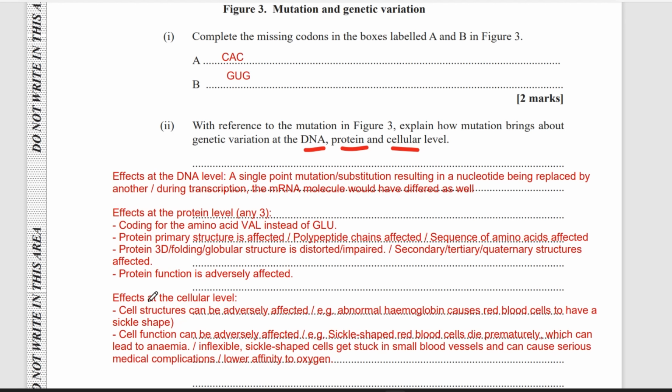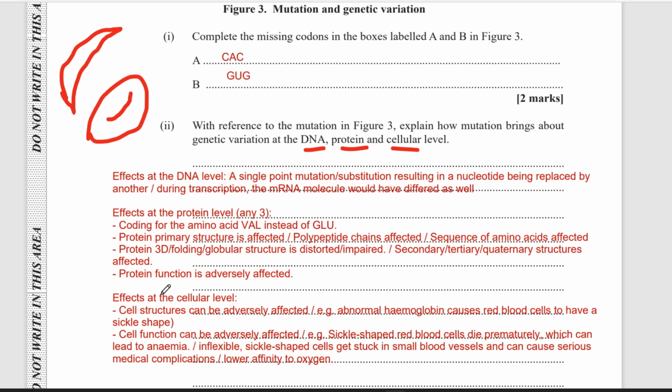The red blood cell is supposed to have a biconcave structure. Instead, it ends up with a crescent moon sickle structure. Because of the abnormal hemoglobin, it doesn't hold oxygen as efficiently, and thus the person with sickle cell becomes fatigued.